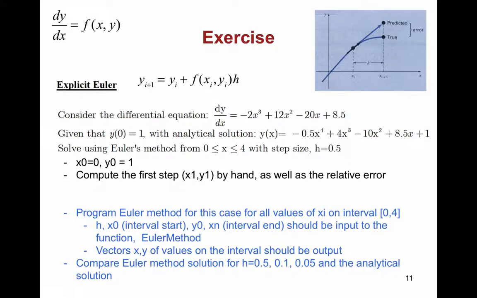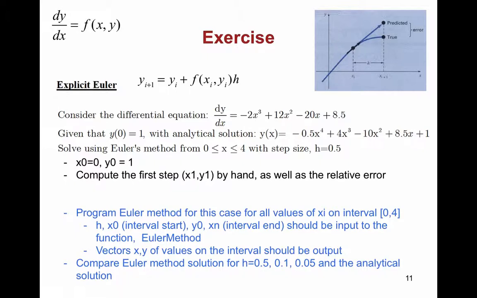Here I'm asking for 4, but I want that to be an input of the function. Okay? So I can change it as I want to. And what this function is going to return is x and y, which are x's and corresponding y's. That's essentially my solution y of x. I have x's and corresponding y's. And that's how I'm solving this problem numerically.